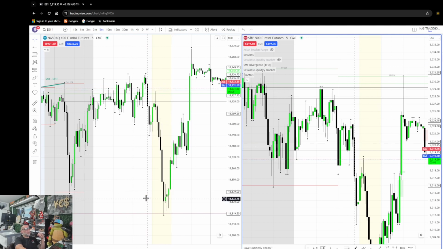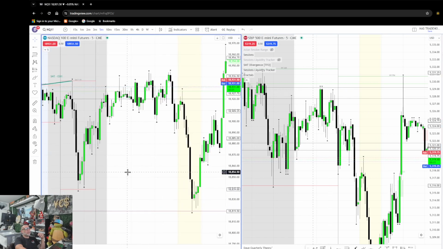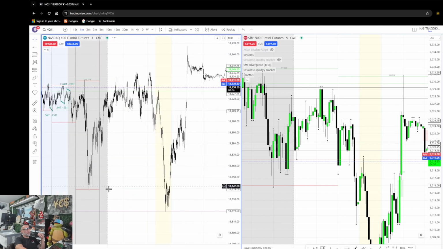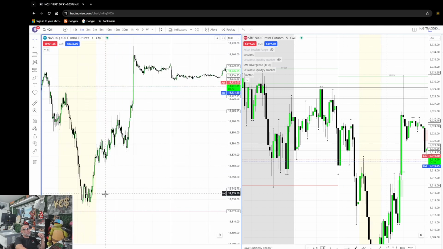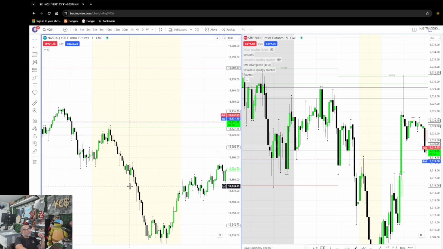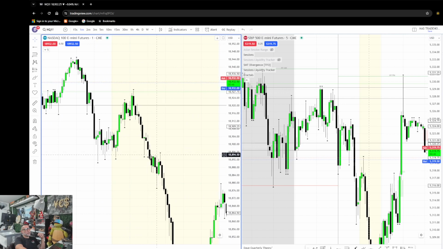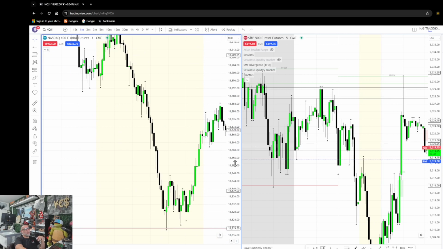So what I decided to do was wait for price to react, and price didn't react on the 1-minute until we broke this low. So price just continued to plummet. This was actually at the 61.8, but I wanted to see an actual market structure shift for me to be like, okay, I'll give it a shot, right? And then I would have kept my stops tighter. We didn't get it until here, right?